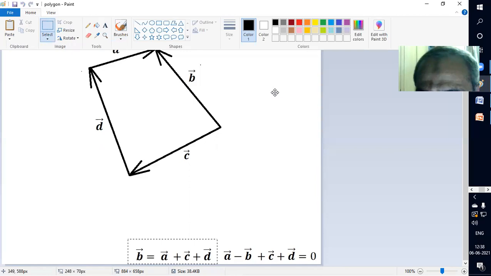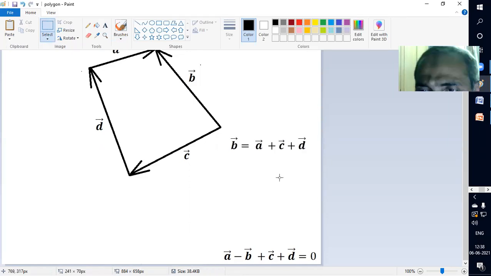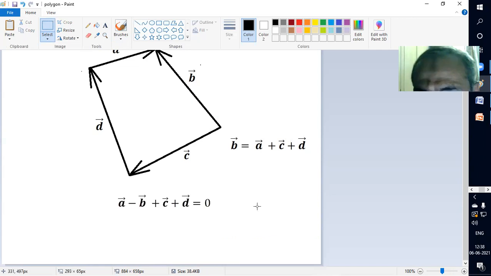This way you can write the equation. Vector B alone is at one side. The same equation can also be written like this. Vector A minus vector B plus C plus D all together are making zero.